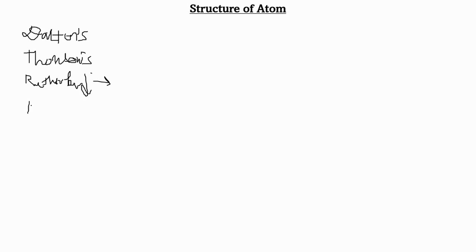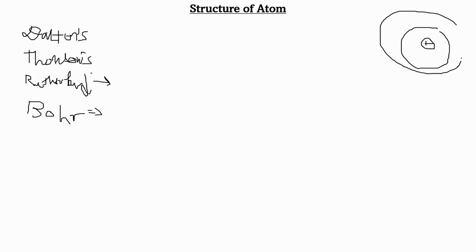So according to Bohr, in an atom there is a centrally placed nucleus, and electrons are revolving around the nucleus in certain circular orbits. Though in my diagram it does not look circular, the orbits given by Bohr are circular.